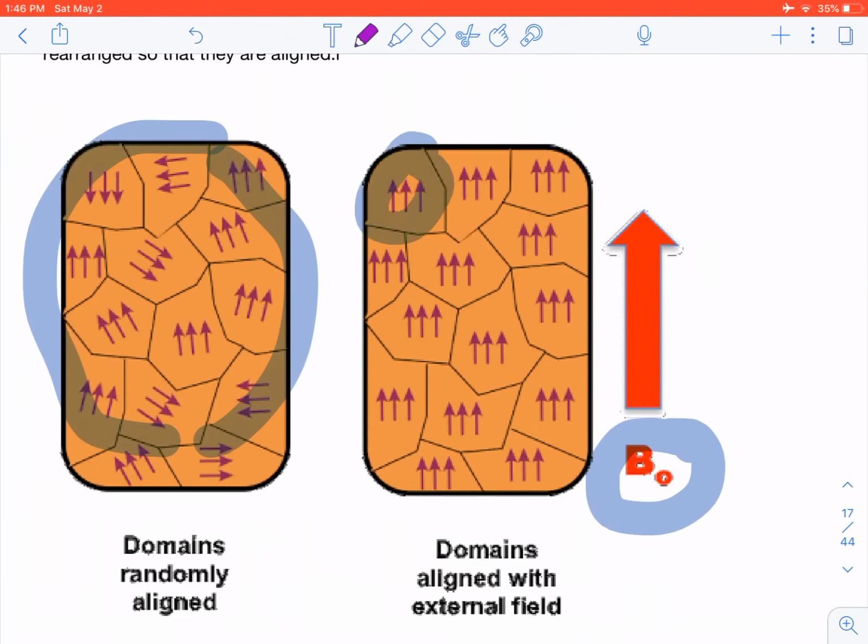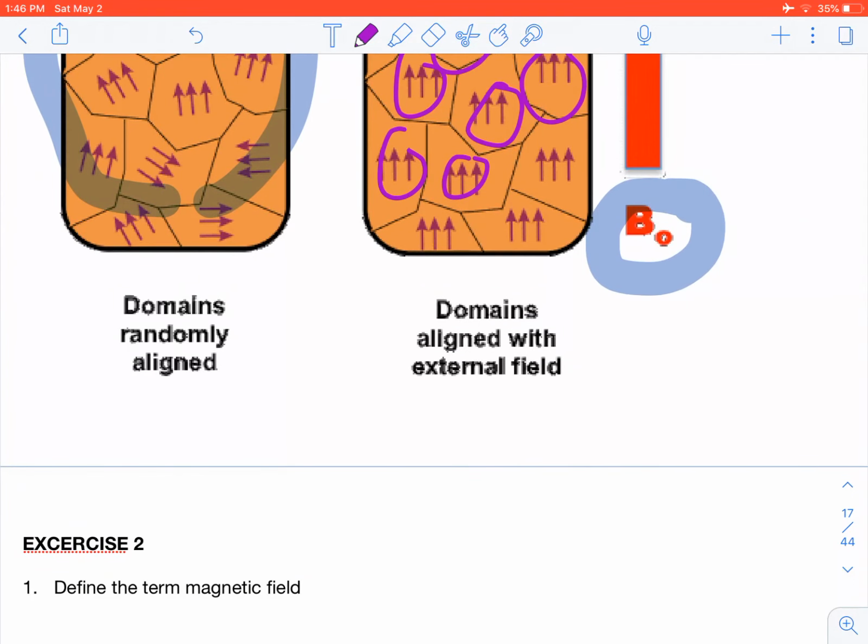See, all are aligned and they are all in the same direction. That's when a ferromagnetic substance is in a magnetic field.